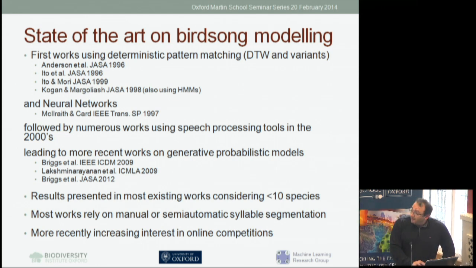And most of them rely on some sort of manual or semi-automatic syllable segmentation, where an expert has to listen to the recording and identify little characteristic syllables for each species, according to which classification can then be applied. We want to avoid that, because that's completely impractical when you have, again, hundreds of species and hundreds of recordings.